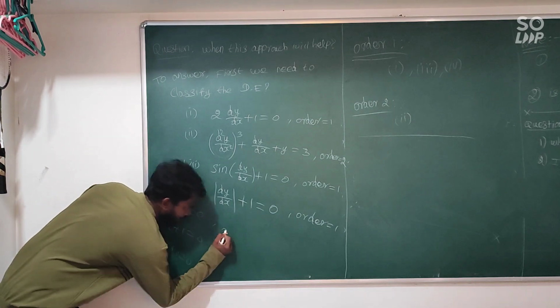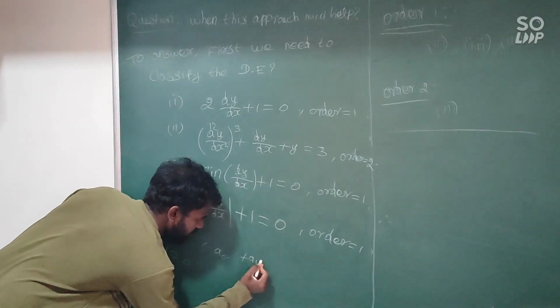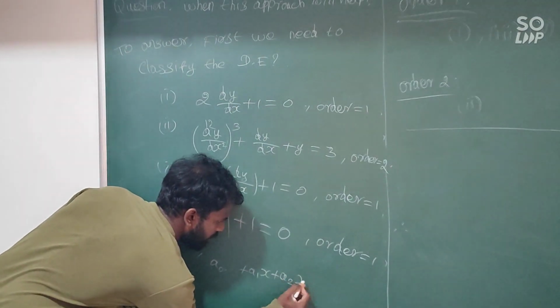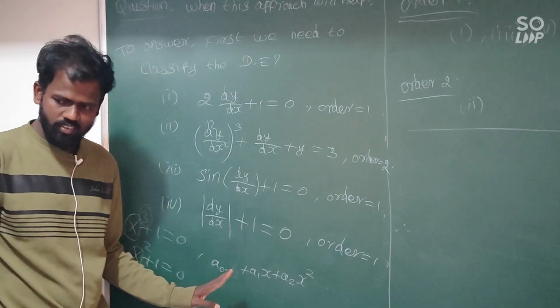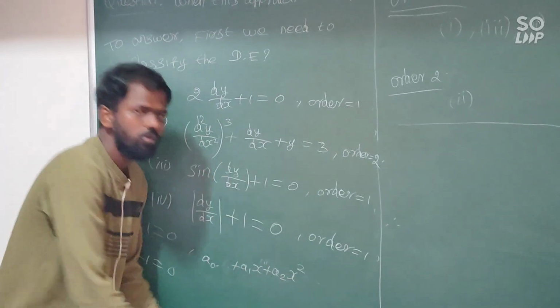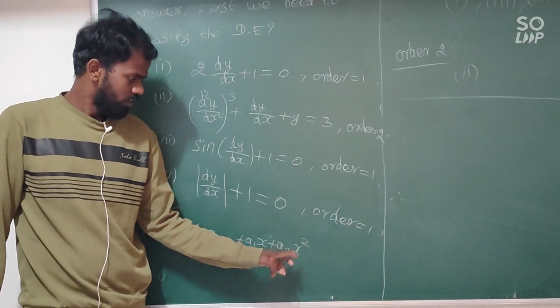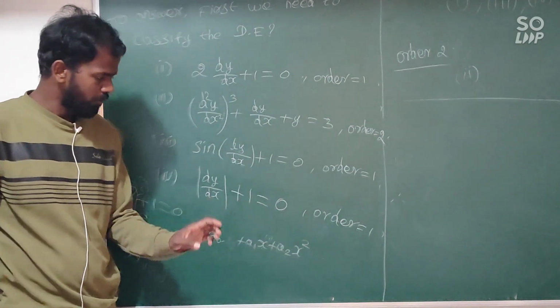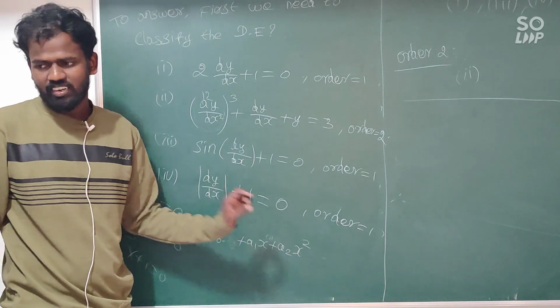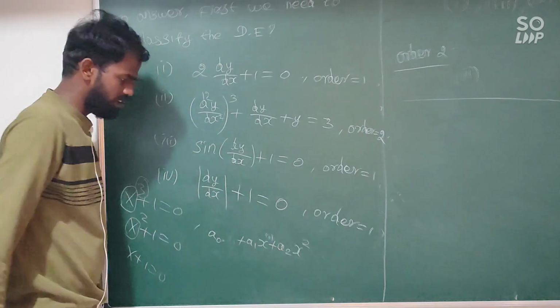Suppose you have a polynomial like a naught, a1 x, a2 x squared terms. These are constants. And what is this, here 1, here 2? What are we calling this? Do you remember? Power. Yes, power, but in formal language we call this a degree. So this is degree 1, here degree 2, like that.